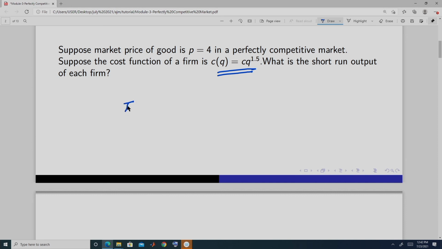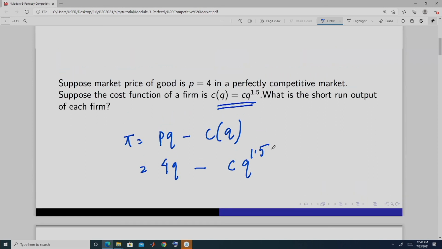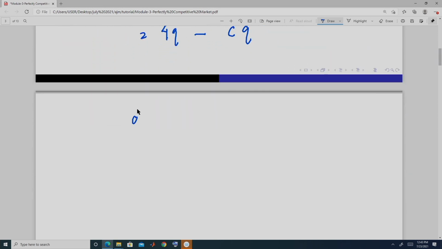The profit of any firm is price into Q minus this cost function, which we can write, price is fixed at 4, so this into Q, minus the cost. Now, we take the derivative of this with respect to output, because we want to maximize this. This first order condition gives this equal to 0.